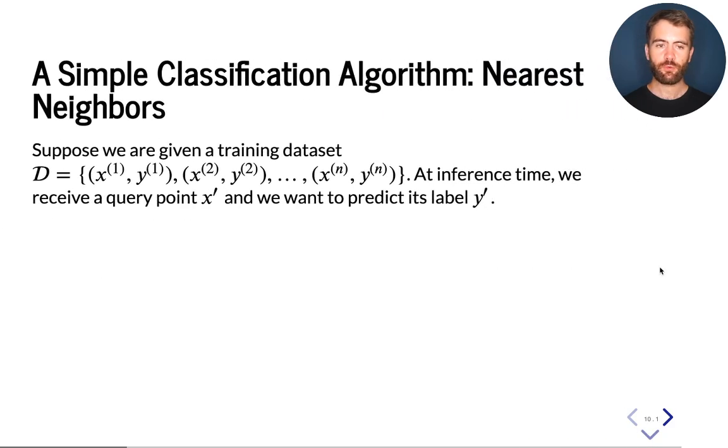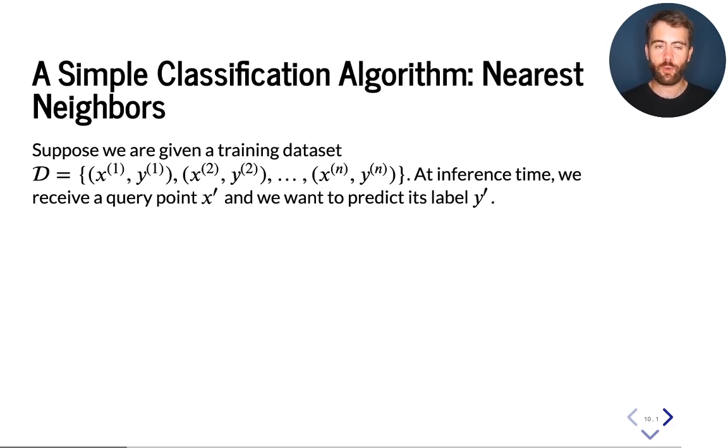So let's now see our first algorithm that's applicable to classification. And this algorithm is going to be called Nearest Neighbors. At first, this may look like a toy algorithm and it's deceptively simple, but it's actually an important algorithm in machine learning.